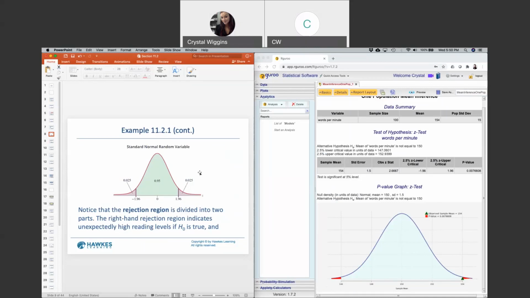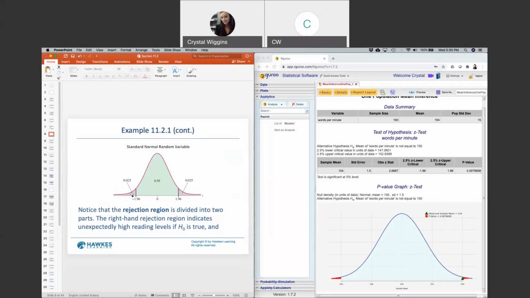Now, these will not be the same if we do a one-tailed. Let's say we had a less than or greater than in an alternative, and we had an alpha of 0.05, it will not be 1.96. So be careful. It was only really standardized when we were working with confidence intervals. But here we are, we have our critical values. This pink region up here and the pink region down here is what we call the rejection region.